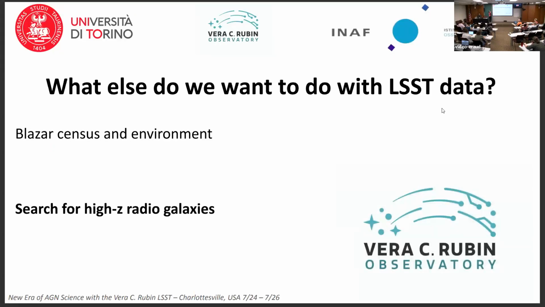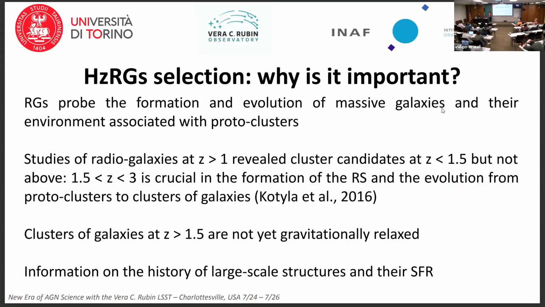Here I put another project that we were thinking about, but that I haven't really started yet: the search for high redshift radio galaxies. I started my PhD analyzing radio galaxies, and like we saw, radio galaxies could be a probe of rich environments, so they could be a probe for proto-clusters. This makes them very interesting.